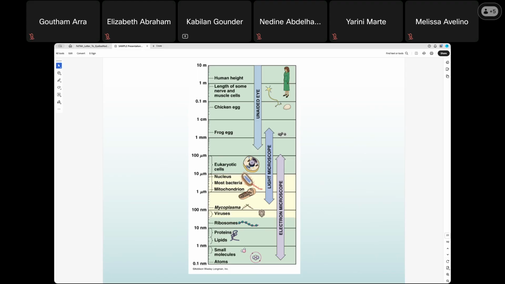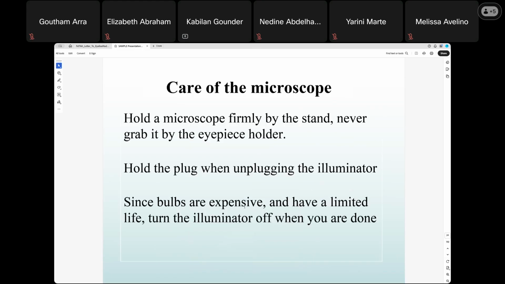So for that you go for the electron microscope. So that means, now, what kind of microscope we can use, and how small these molecules or samples are. So the next thing is, usually you have microscopes.